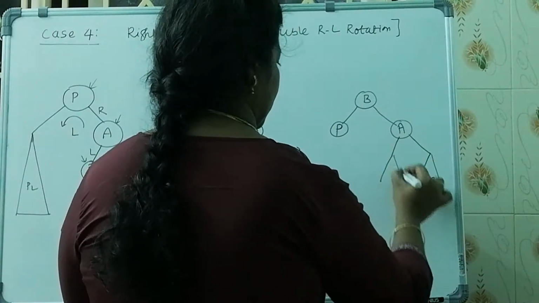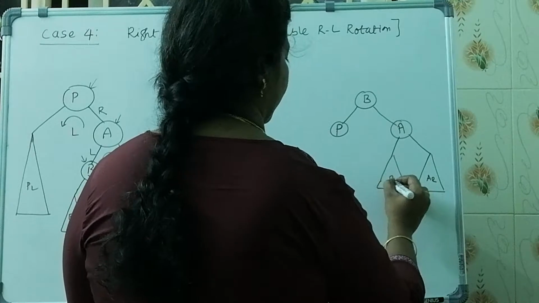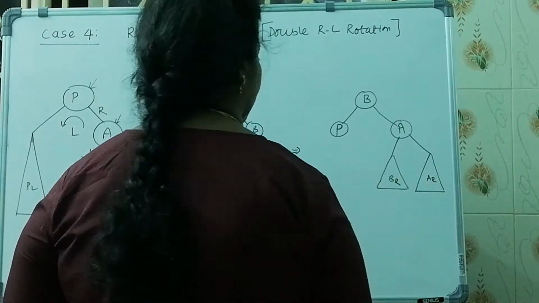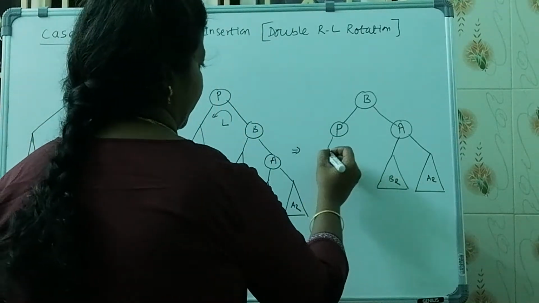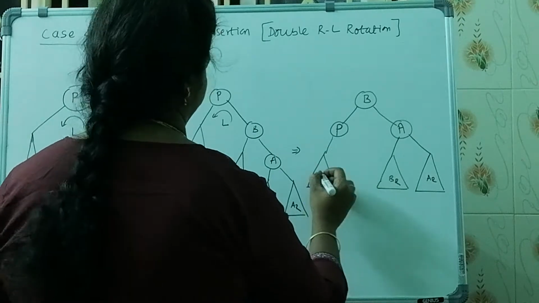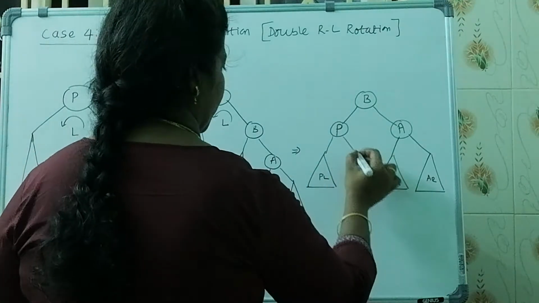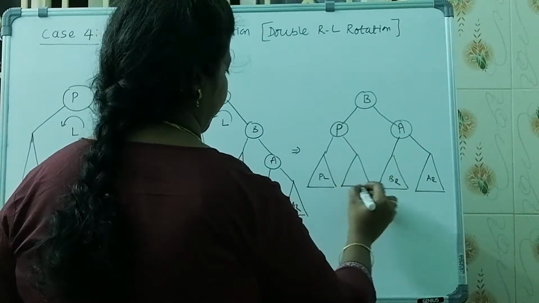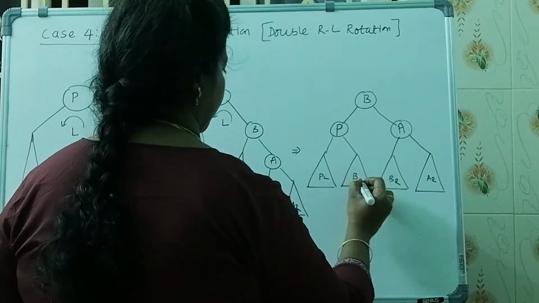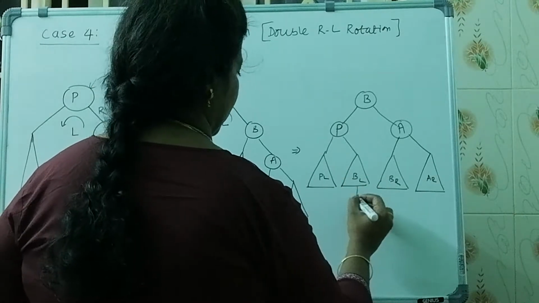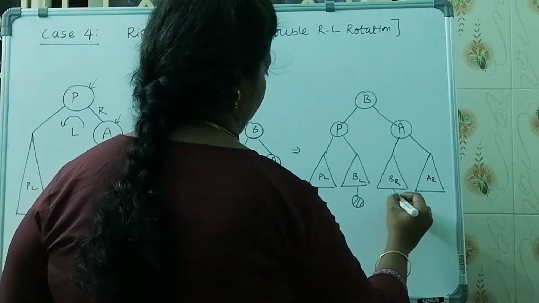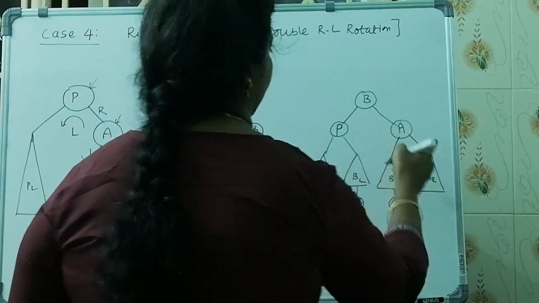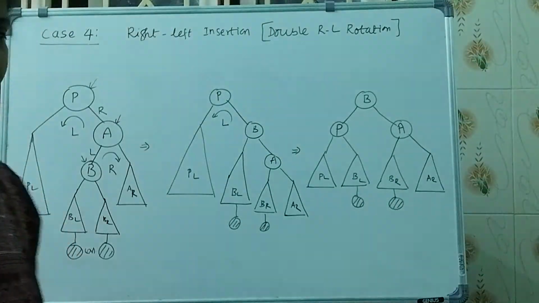Now this is BR. Okay, no changes here. PL left should be PL only. BL should go to the right side of P. That's it. So the inserted node could be here or could be here. As a result, the tree will become balanced.